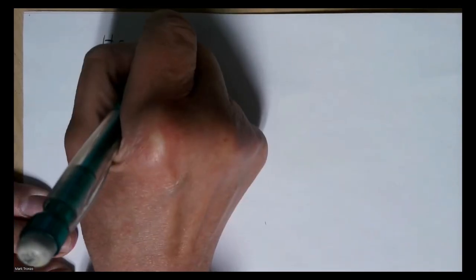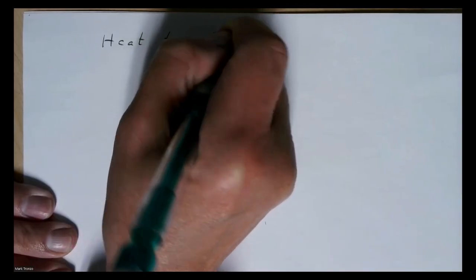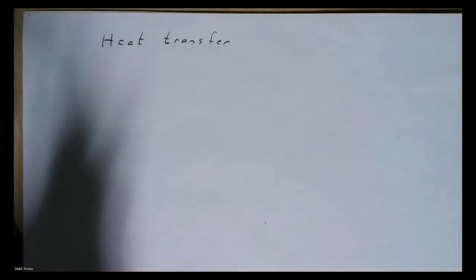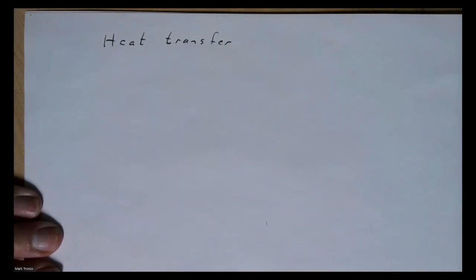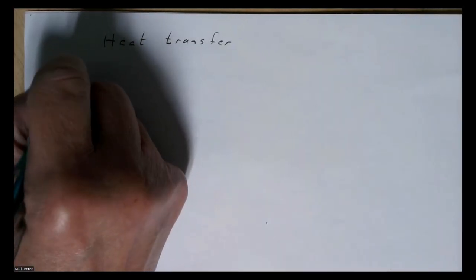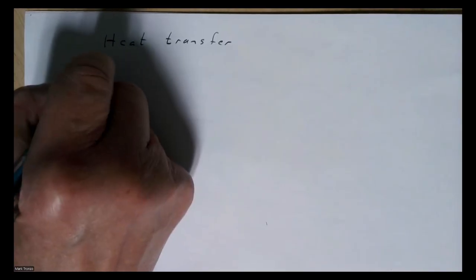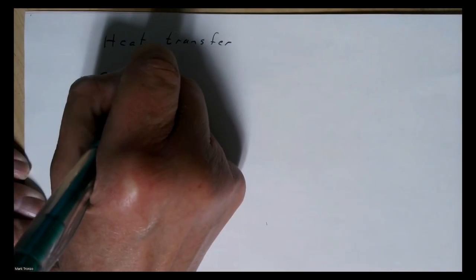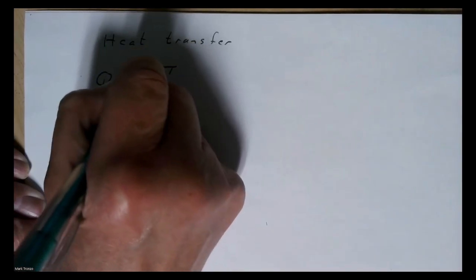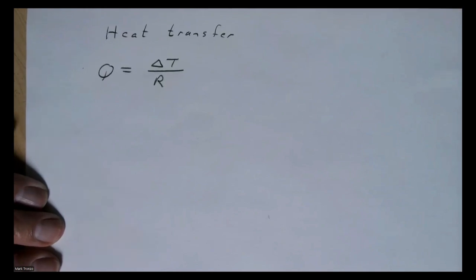So again, if we're looking at heat transfer, and we're going to look at it again through radial shapes, in other words, through a pipe in particular. And remember, we previously calculated Q equals delta T divided by the resistance of our system.